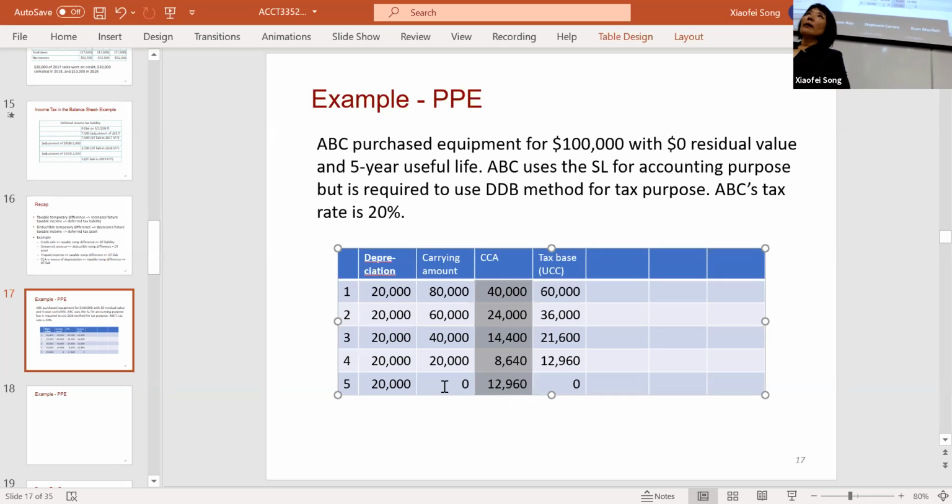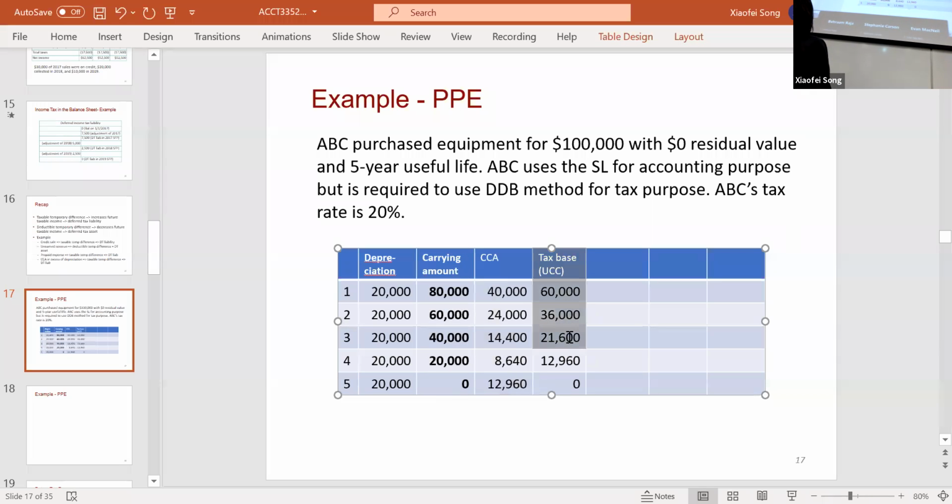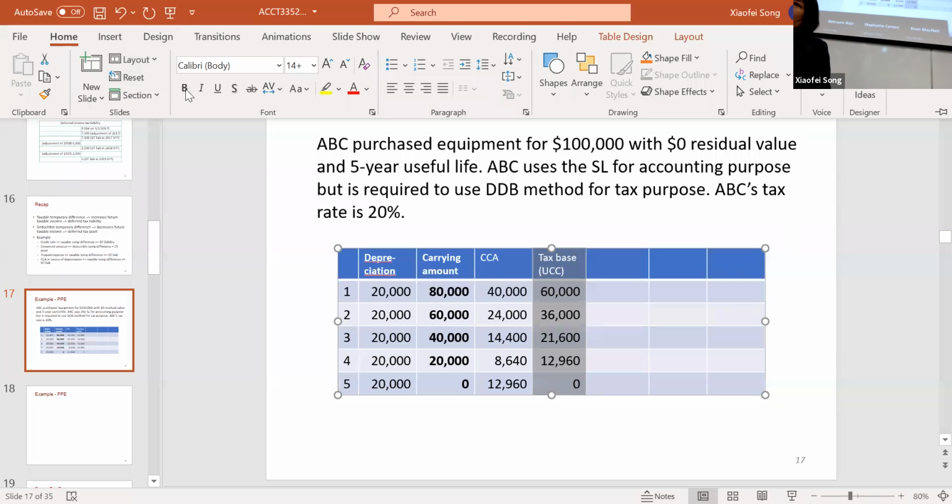In a way to pay tribute to what the textbook talks about, the carrying amount and the tax base, I calculate this. This net book value here is essentially the carrying amount. And this UCC, undepreciated capital cost, is essentially the tax base.